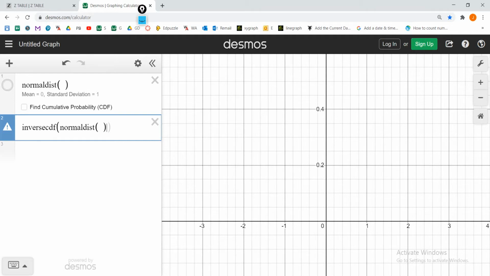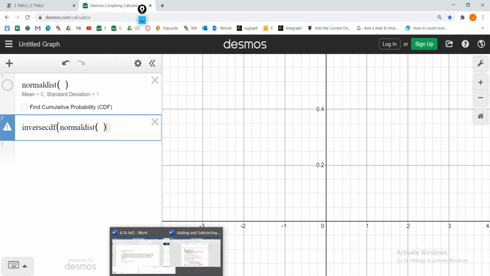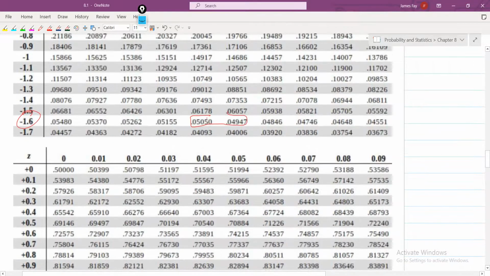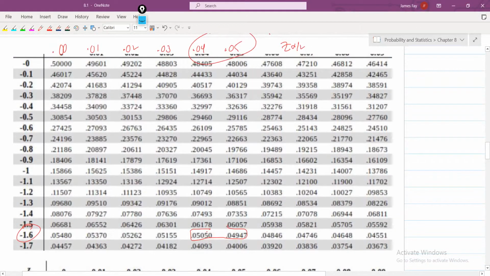Before we finish this off, let's go back and talk about what's actually happening here with the table. Remember, the direct way of dealing with a table was to find the z-score first. Maybe I want the z-score of negative 0.23, so I'd find negative 0.2 and then 0.03 and see where they intersect.